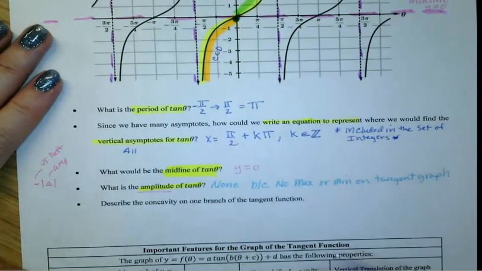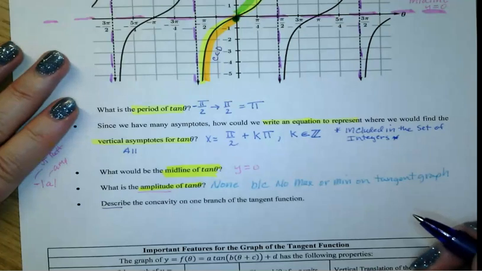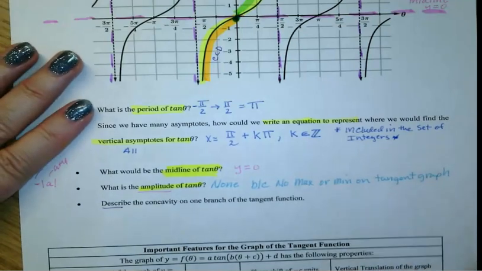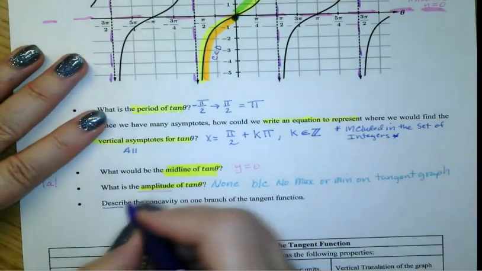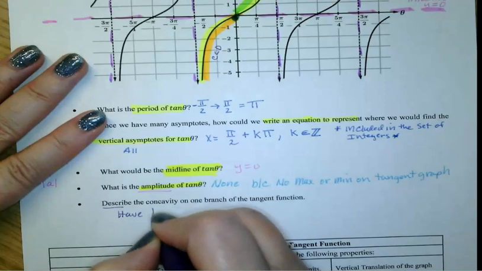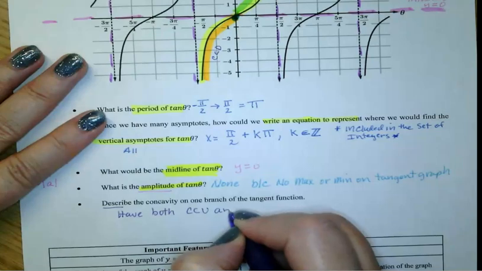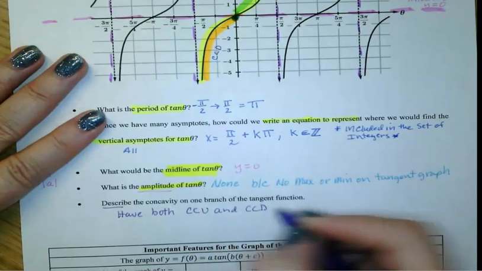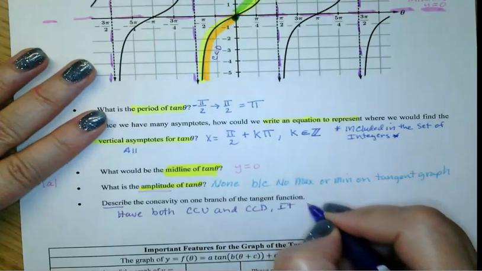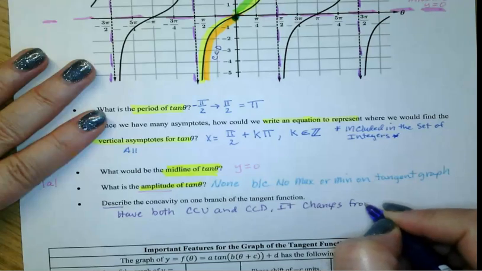Okay, so describe the concavity of one branch of the tangent function. You have to kind of decide, but I'm just going to say in general, it's going to have both concave up and concave down, and it changes from one to the other.